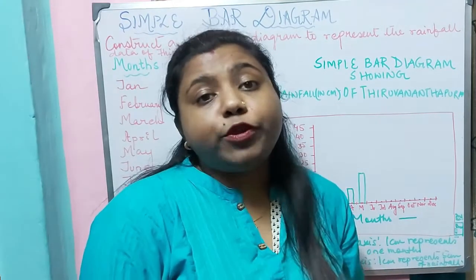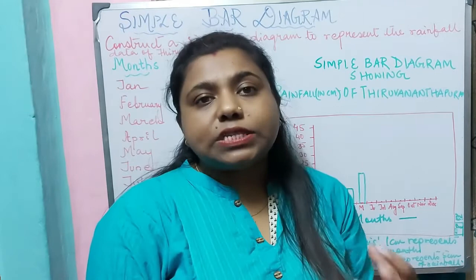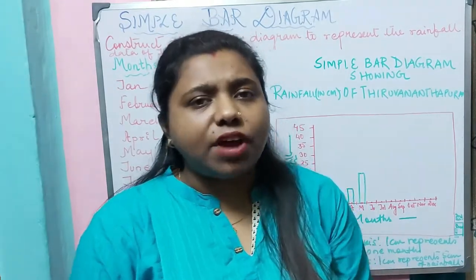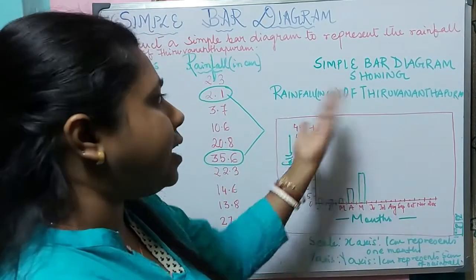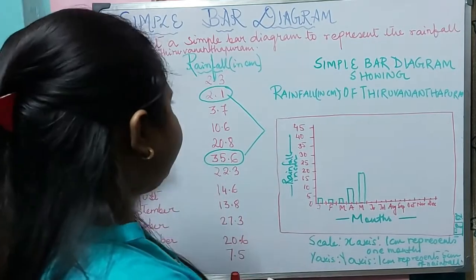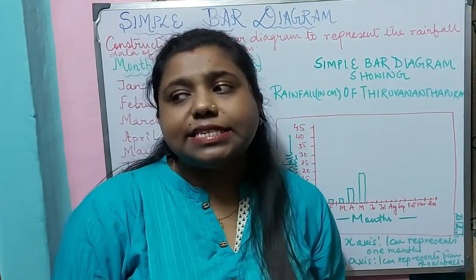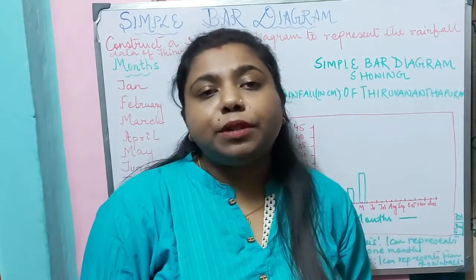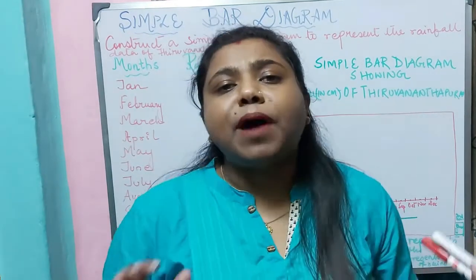I hope all of you understood the concept of bar diagram, its purpose, its uses, advantages, disadvantages, and how we need to construct a simple bar diagram, very easy steps we need to follow. We have to follow some basic steps, and by which we can easily compute the simple bar diagram.